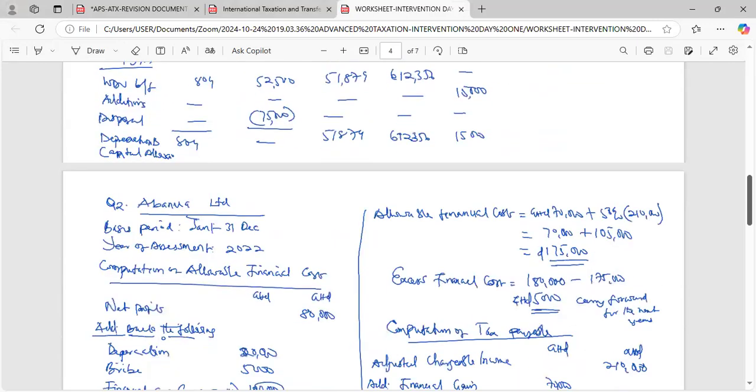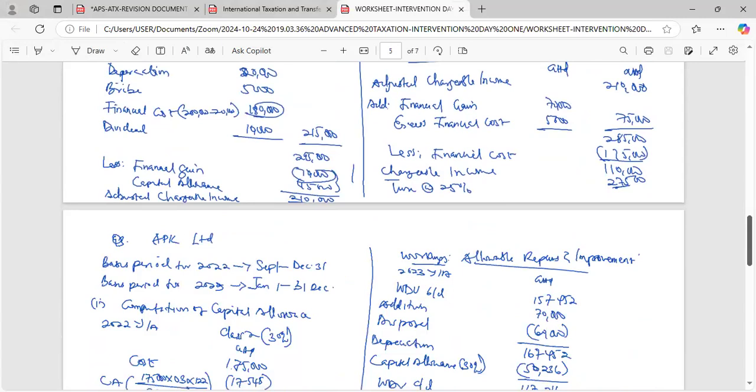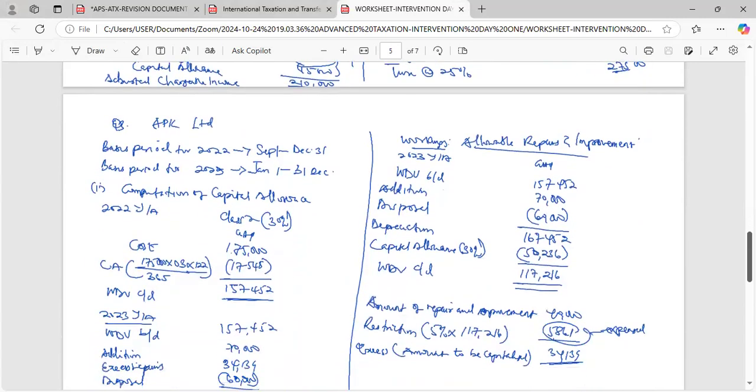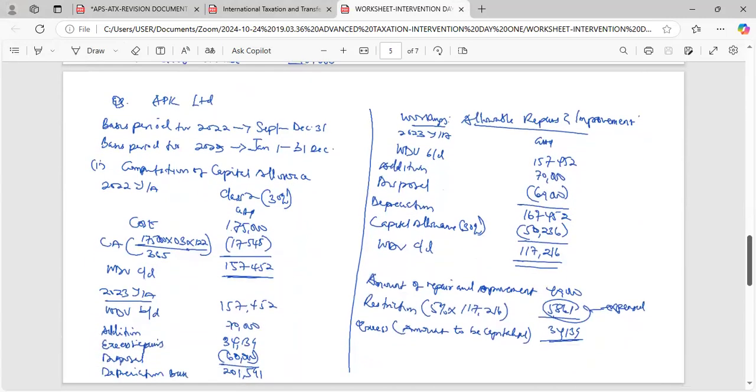Okay, I get your point, but I hope you can see my screen. Yes, I can see your screen now. This is the working that I did. You see, the rule is that repairs and improvements will be subject to 5% of the written down value of the pool at the end of the year.